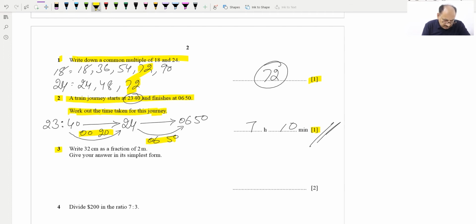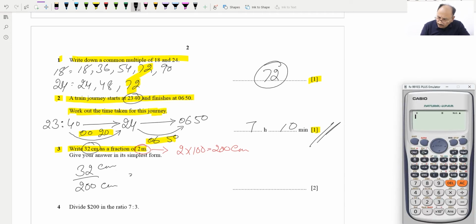Now question number 3: write 32 centimetres as a fraction of 2 metres. We need to convert 2 metres into centimetres, so 2 multiplied by 100 is equal to 200 centimetres. Then 32 centimetres over 200 centimetres, so 32 divided by 200 as a fraction, and now we just simplify.